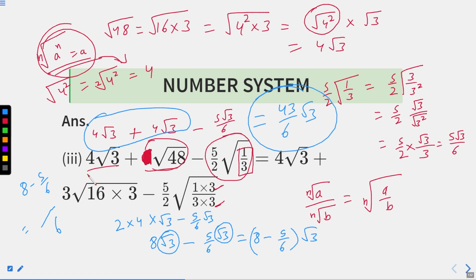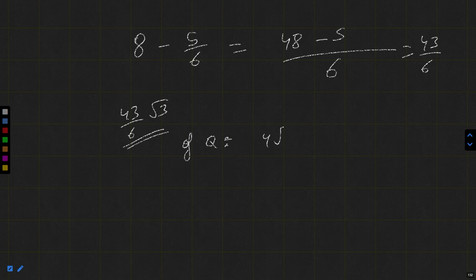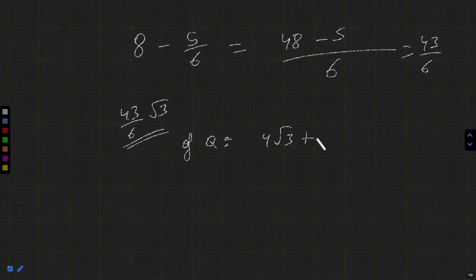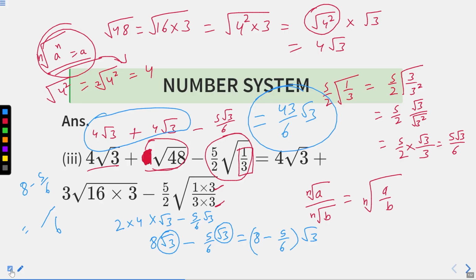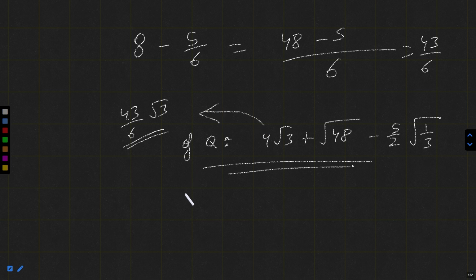The question for which the answer is 43 by 6 root 3 is: let me rewrite the question. 4 root 3 plus root 48 minus 5 by 2 root of 1 by 3. I have solved for this, and this is the answer for this.